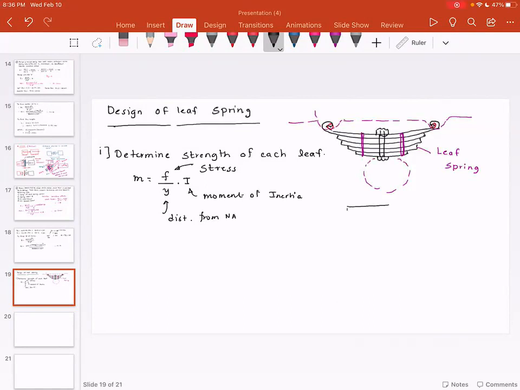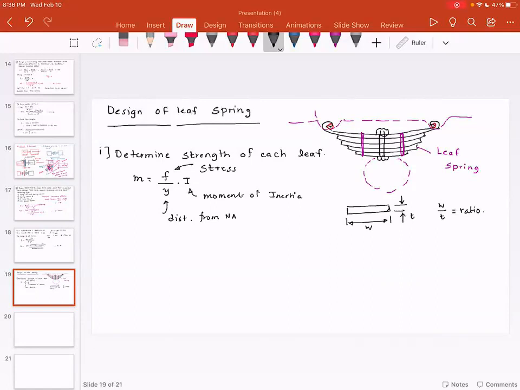Usually the leaves have rectangular cross section, and typically what they have is they have B to T ratio. So if this is the thickness and if this is the width, W by T ratio is fixed, and that is given in the design data book.